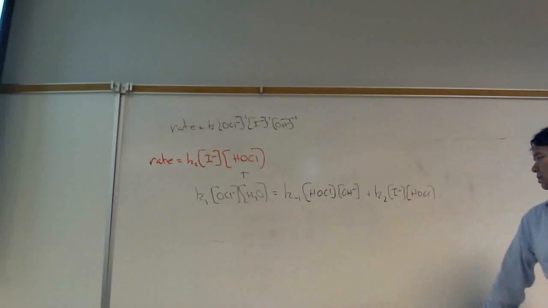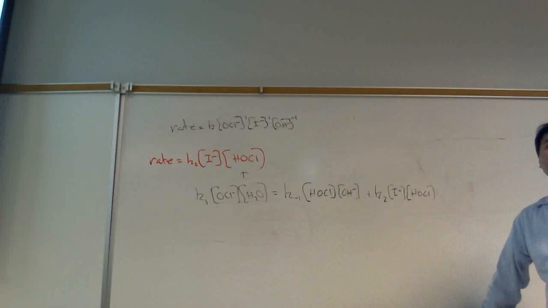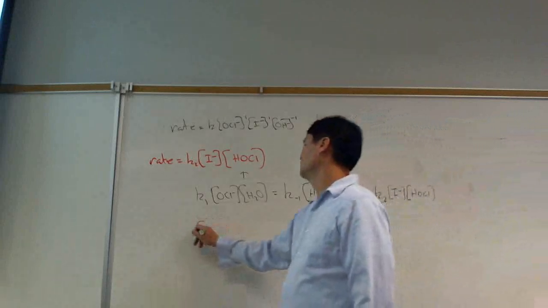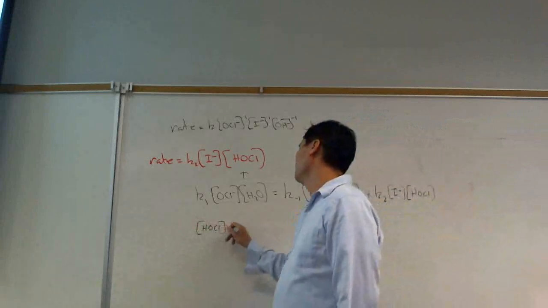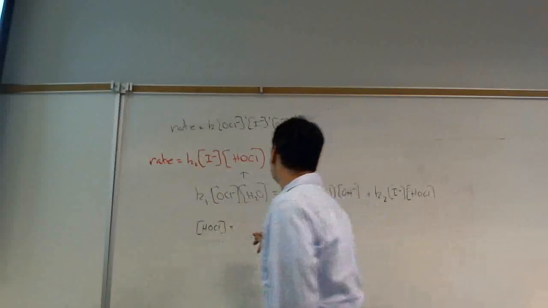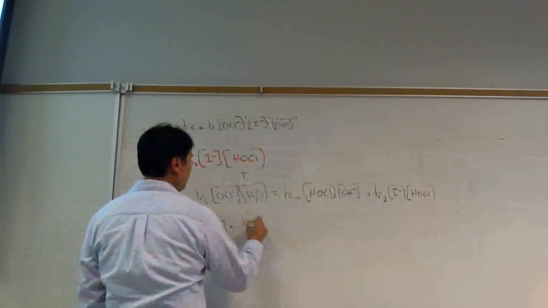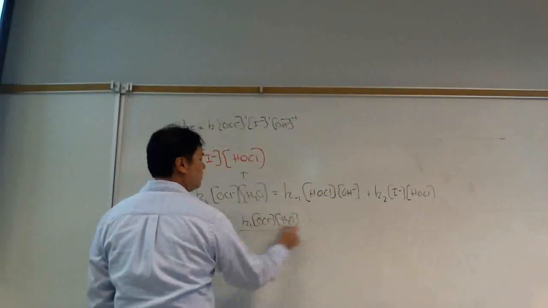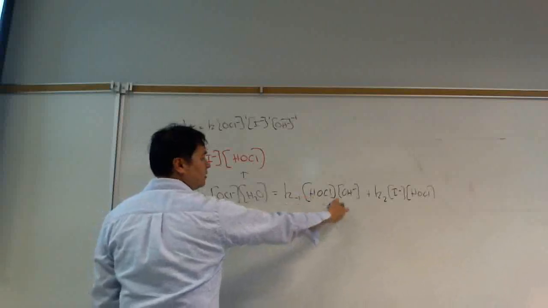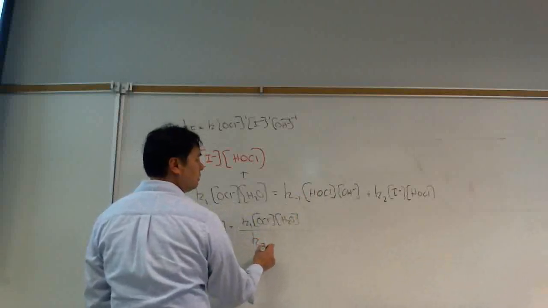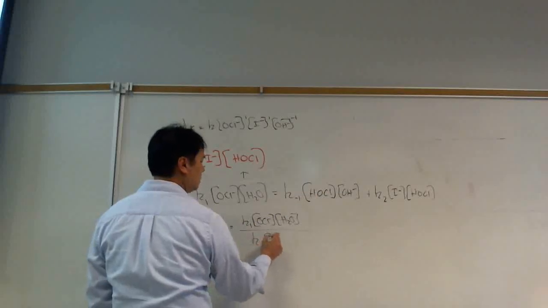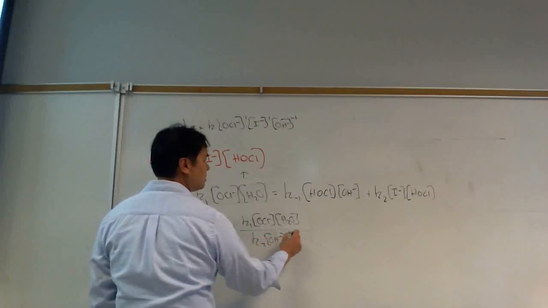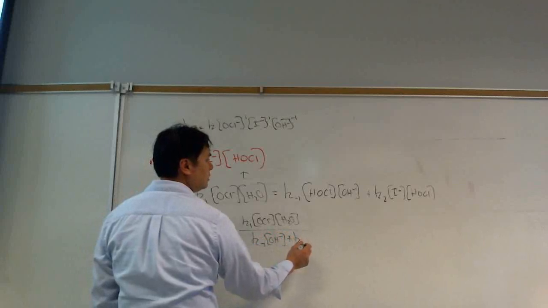And then what do we normally do? We just solve for the intermediate. The intermediate in this case is hypochlorous acid. So the hypochlorous acid concentration will equal K1 times the OCl minus concentration times the H2O concentration divided by, we factor that out, K minus 1 times the hydroxide concentration plus K2 times the iodide concentration.